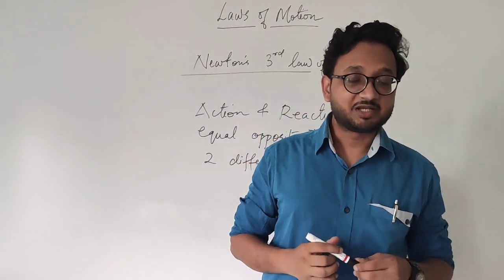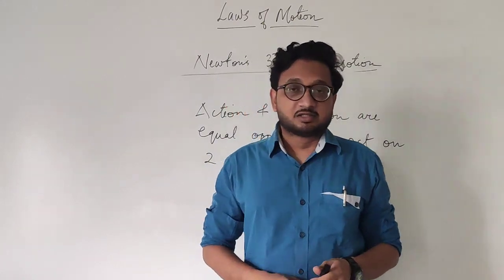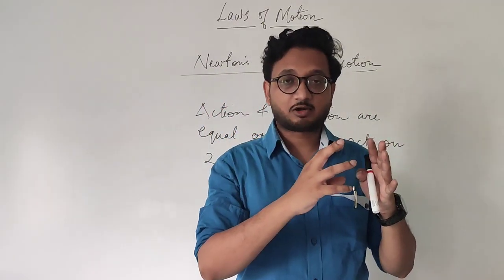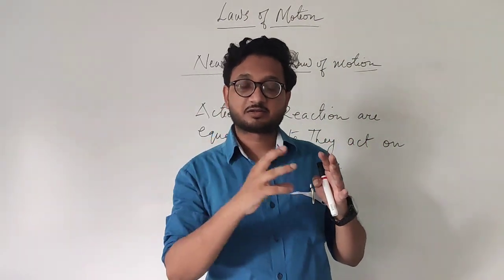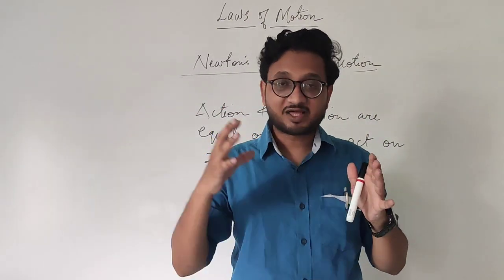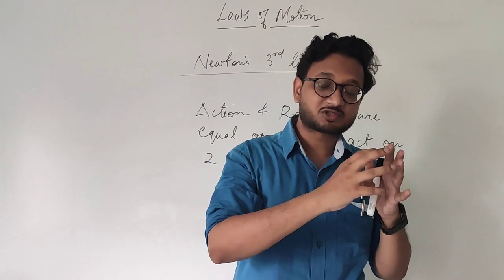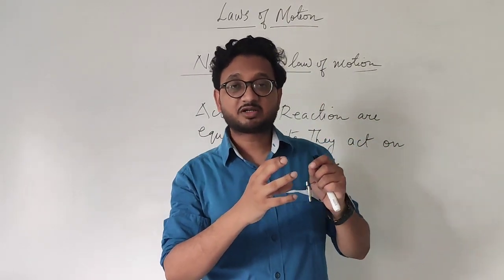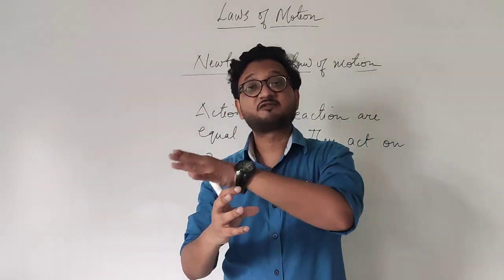What does this statement mean? It simply means that suppose there is an object. It applies a force on another object. That is called action. At the same moment, when this first object applies the force on the second object, the second object instantly applies a force on the first object.